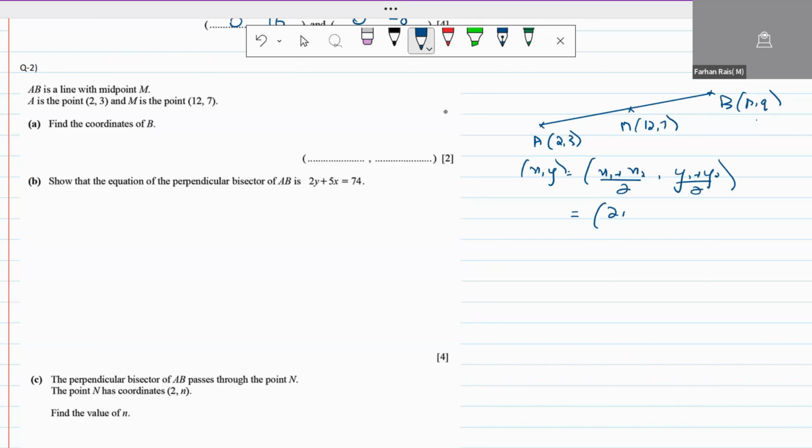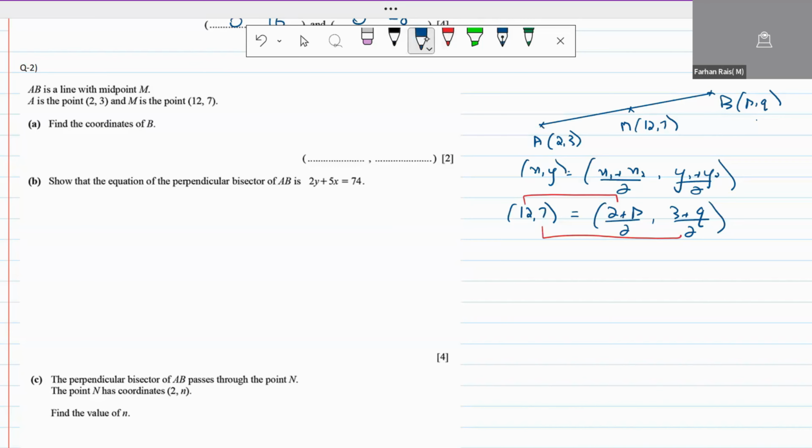It would be 2 plus p upon 2, 3 plus q upon 2, and the midpoint is given as 12 comma 7. So as per the rule of equal ordered pairs, or equal coordinates, we'll compare the x coordinate with the x coordinate and the y coordinate with the y coordinate, giving us two different equations to be solved.